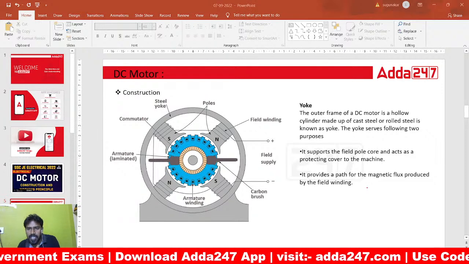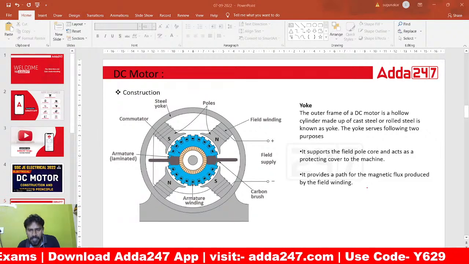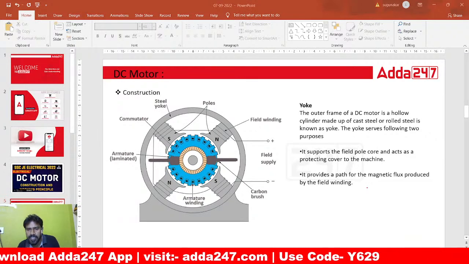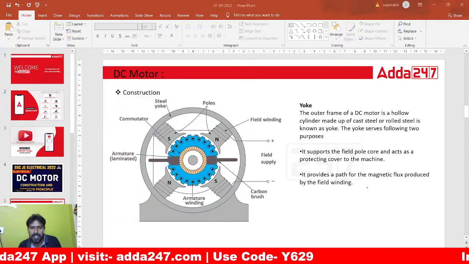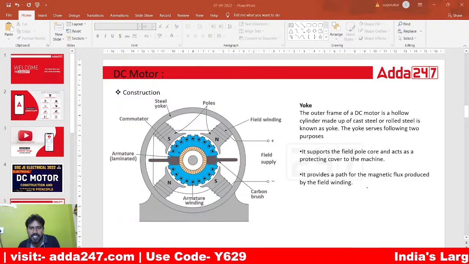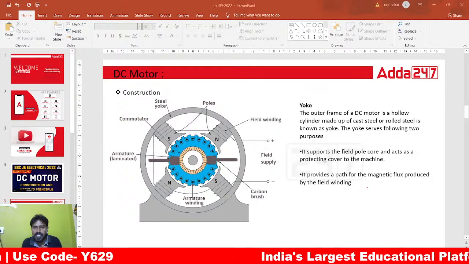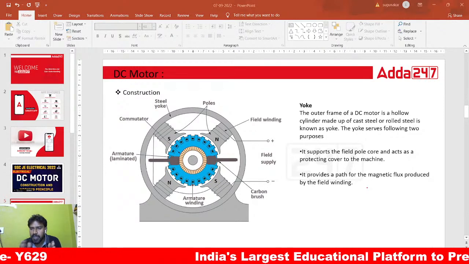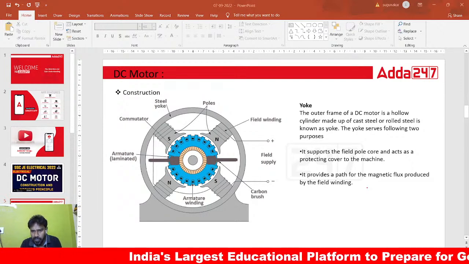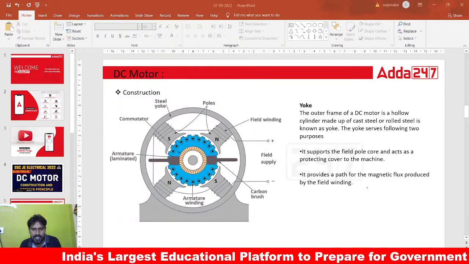The poles accommodate the field coils, and the cross sectional area of the pole shoes increases, so it reduces the magnetic reluctance of the magnetic circuit, which means it allows a low reluctance path.